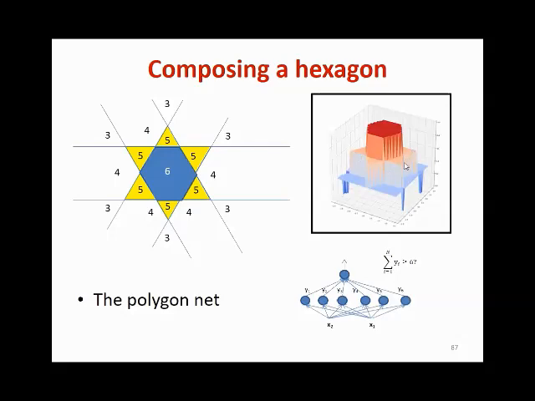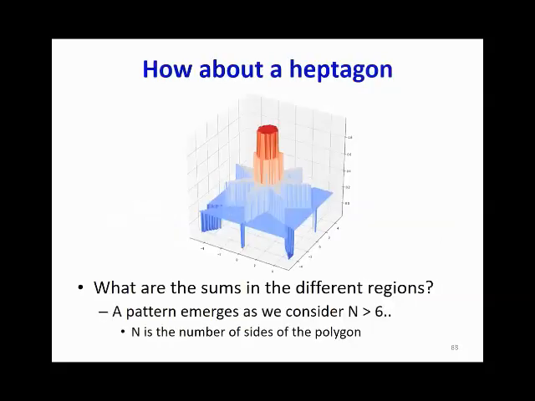It's going to be 5 just outside, and then 4 or 3 in other places. If I wanted 16 sides, this is what I get. I have 16 within the 16-sided polygon, and then I have different regions of the space where the sum is less than 16.